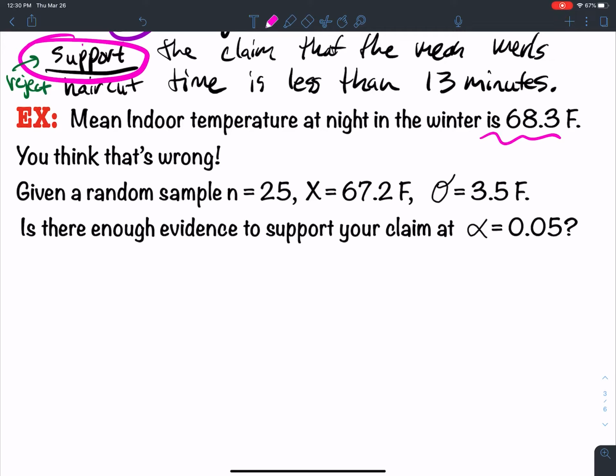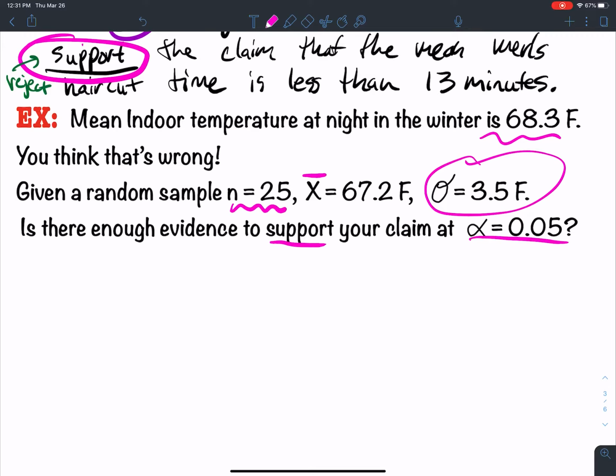Given a random sample, you go out and ask 25 neighbors what their average temperature is at night. They give you a number. You run the statistics and get the average x bar, and you know the population standard deviation, 3.5.